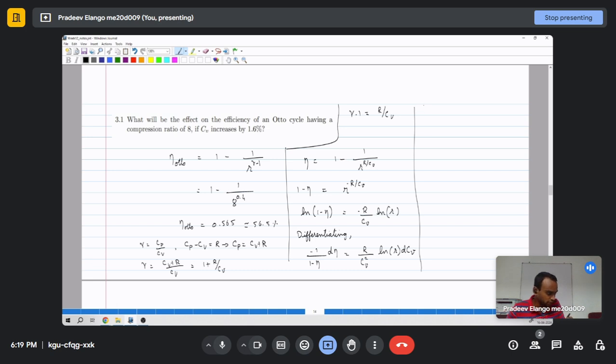Now we can write d eta by eta is equal to 1 minus eta divided by eta into gamma minus 1, because R by Cv is gamma minus 1, and we will have divided by Cv, so that can be written as dCv by Cv.